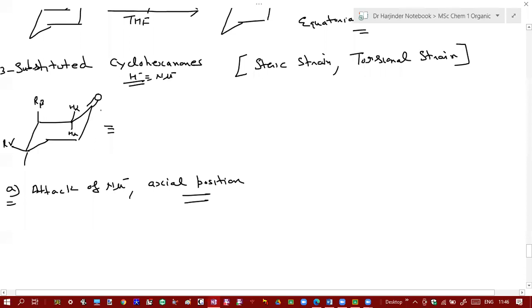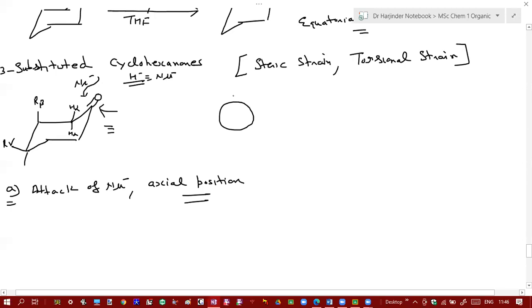Now if you look at this molecule from the front, what are you seeing? This nucleophile will attack from above and this will go down, and behind this you have this carbon. So if I draw its Newman projection when attack takes place from the above side, it will be like this.